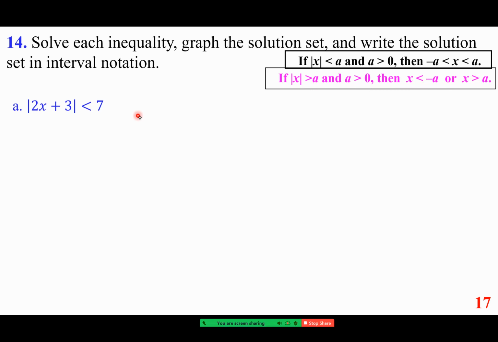For now, let's look at this one. The very first step is isolation. There's nothing to do, just the way it is, it's fine. We're going to drop the absolute value and sandwich it between positive and negative 7. So negative 7 goes to this side, and we have the following.